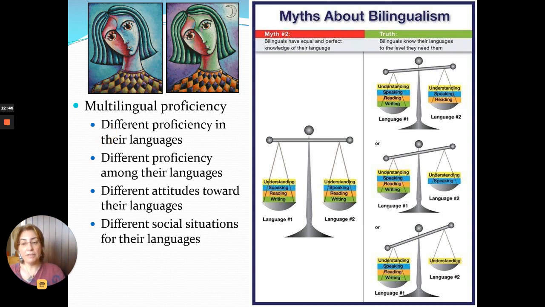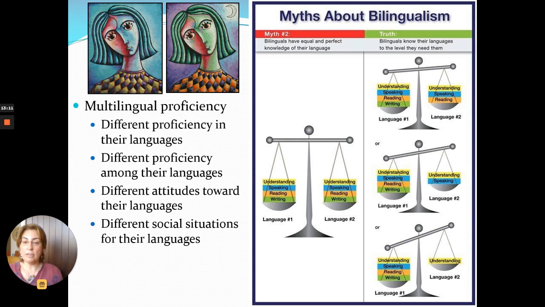They also might have different social situations in which they use their languages, as in the case of diglossia that I have already mentioned to you. They might use one language only within their family and another language only in their workspace. They might use one language to speak about their feelings, and have to speak about their feelings in that particular language.